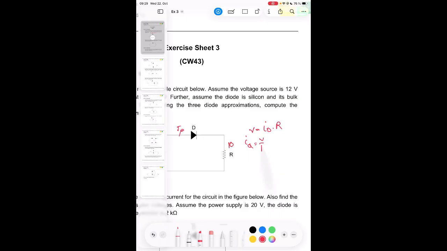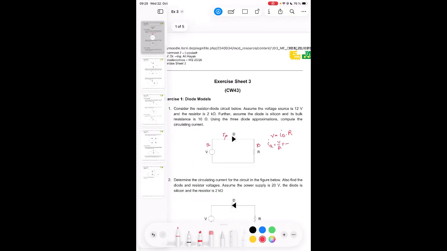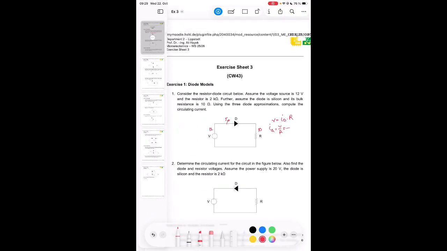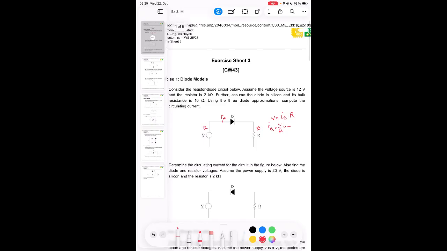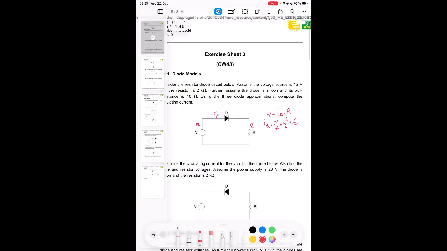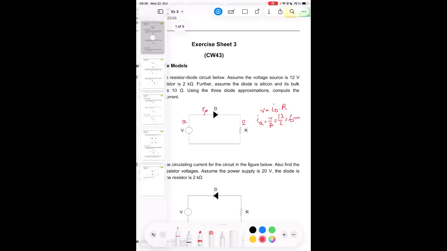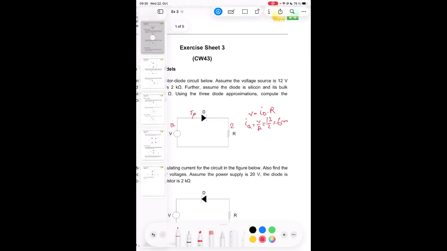In this case, for the constant drop voltage model, we have 0.7, and again we will have the same story. If we apply the KCL, KVL, and Ohm's law, we will get in this case that 12 volt is equal to 0.7 volt, the constant voltage drop on the diode, plus ID multiplied by 2 kilo ohm.